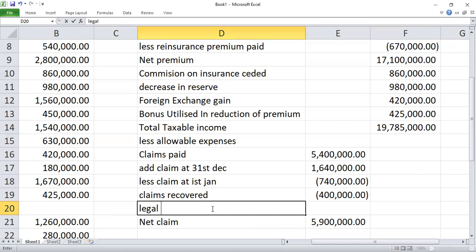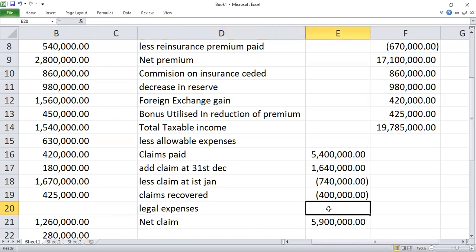Legal expenses relating to claim is how much? It will be 540,000. So 5.9 million minus 540,000 gives 5,360,000.